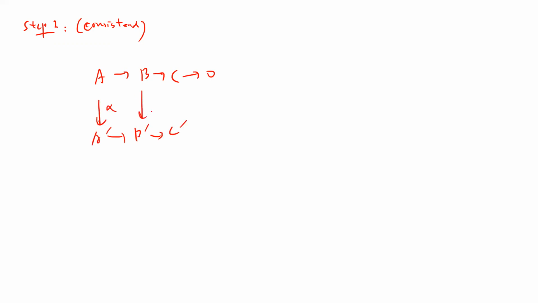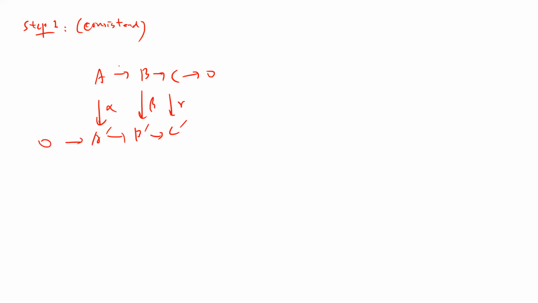Okay, so let me quickly set up notation. This is step one: prove everything is consistent. You have A, B, C, 0. My notation is A prime, B prime, C prime, with maps alpha, beta, gamma, and this is 0.